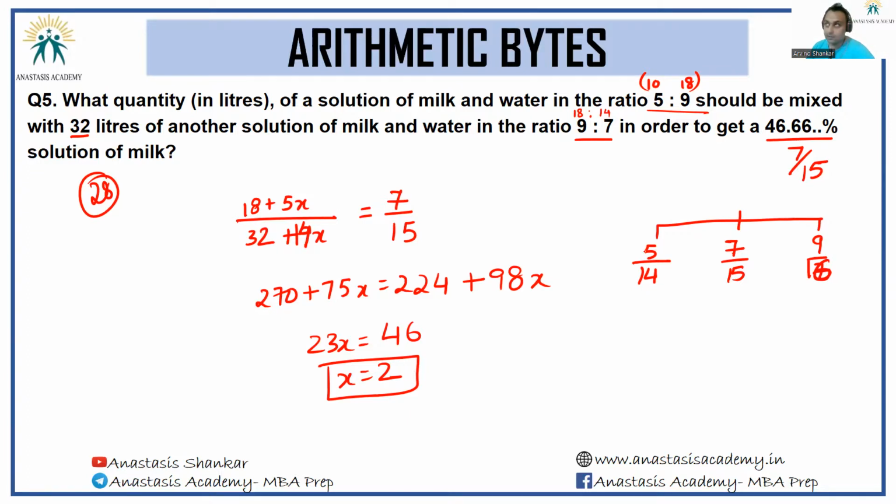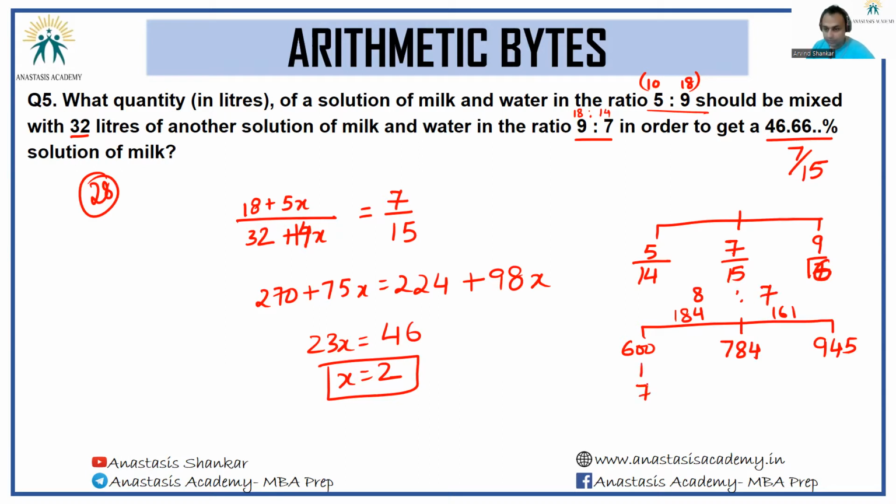So this will turn to 5 into 120, 600. This will turn to 16 into 7, 112. So 784. And this will turn to 105 into 9. So 945. So the gap here is 184. The gap here is 161. Or the ratio is 8:7.